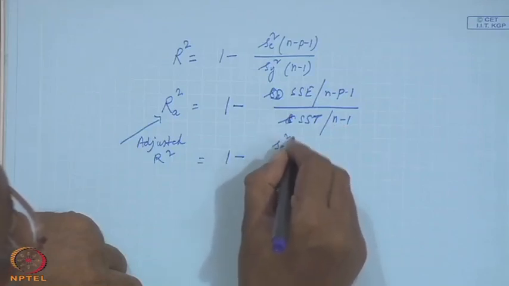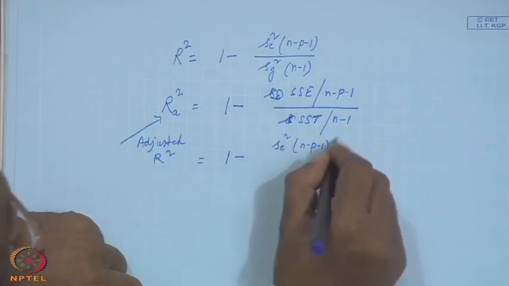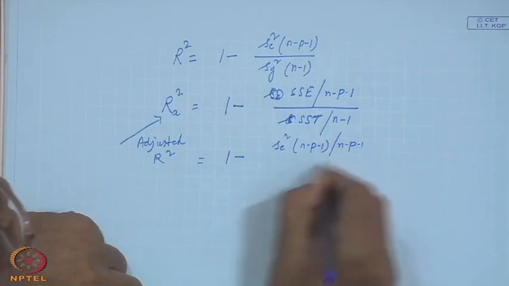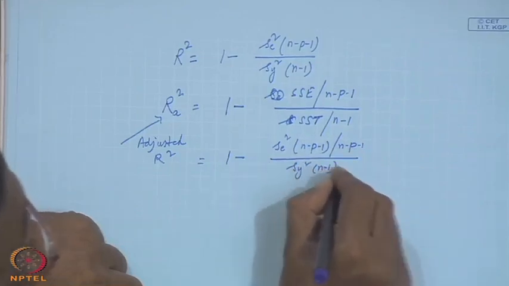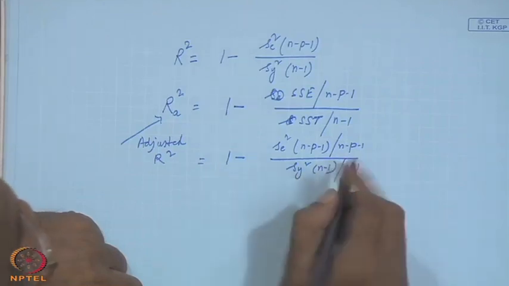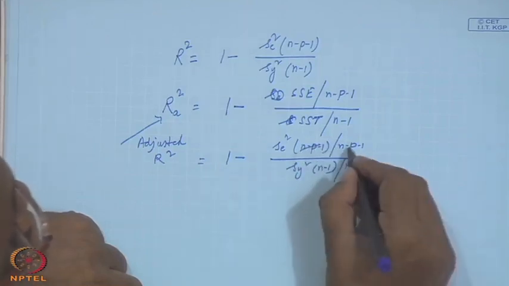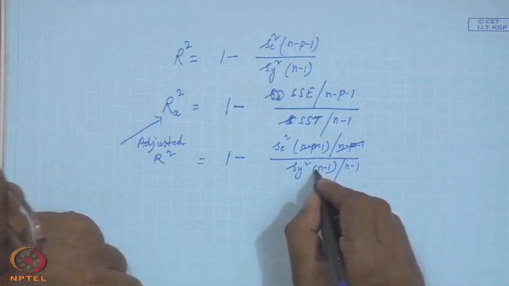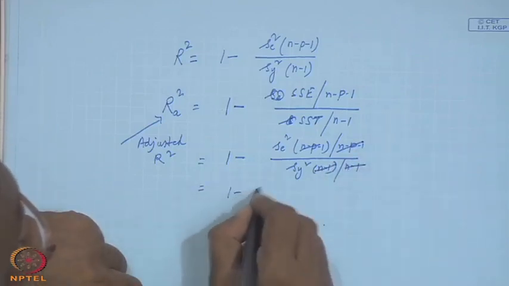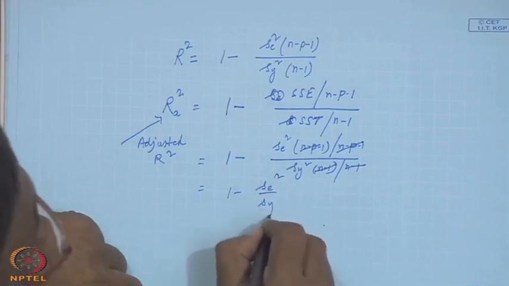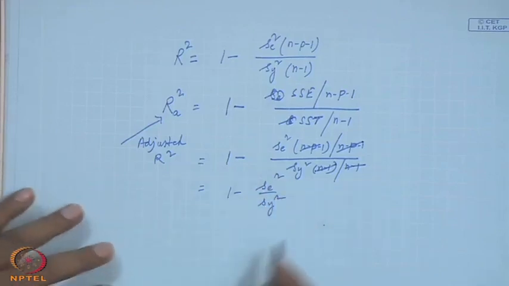Then you can write s square into n minus p minus 1 divided by n minus p minus 1, by s y square into n minus 1 divided by n minus 1. So n minus p minus 1 cancels, and this also cancels. So it will be 1 minus s square by s y square.